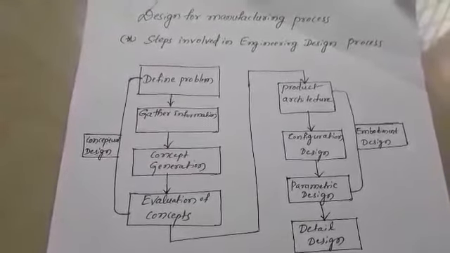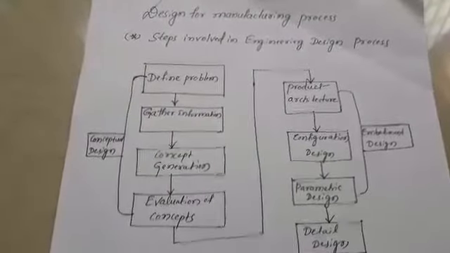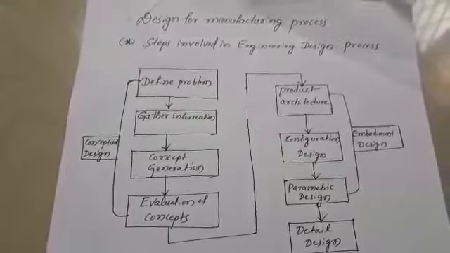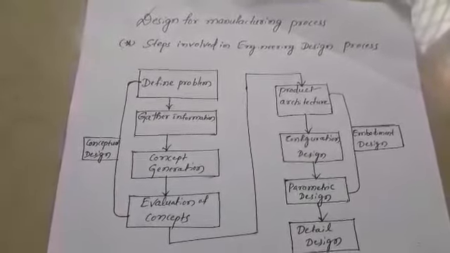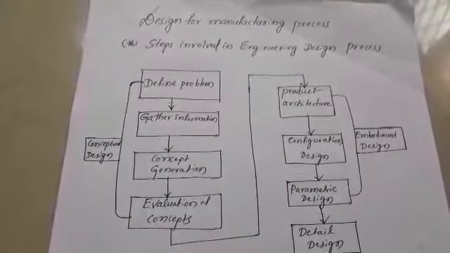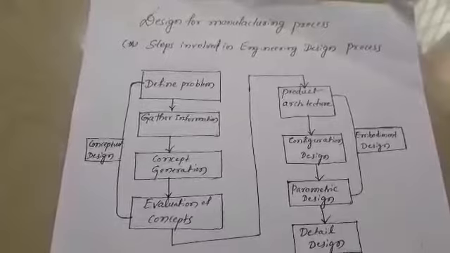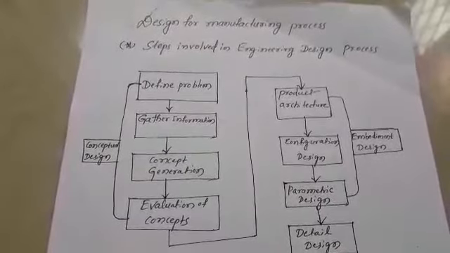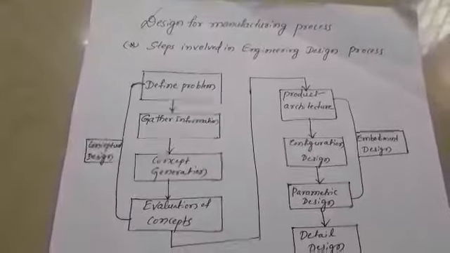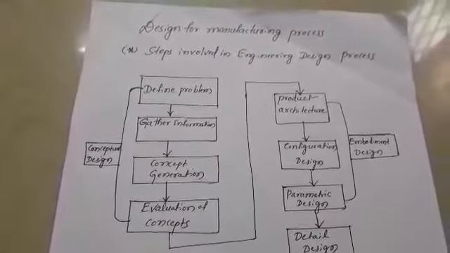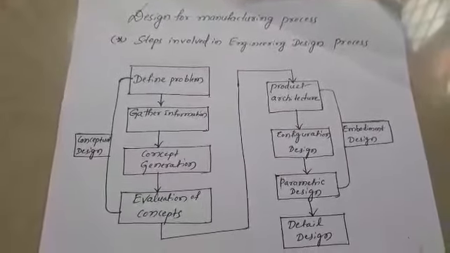In this step, we have to evaluate the various design concepts. If any concept is suitable, then we consider it. Otherwise, we have to modify the existing concepts and then evolve into a single preferred concept. So this is about the conceptual design.